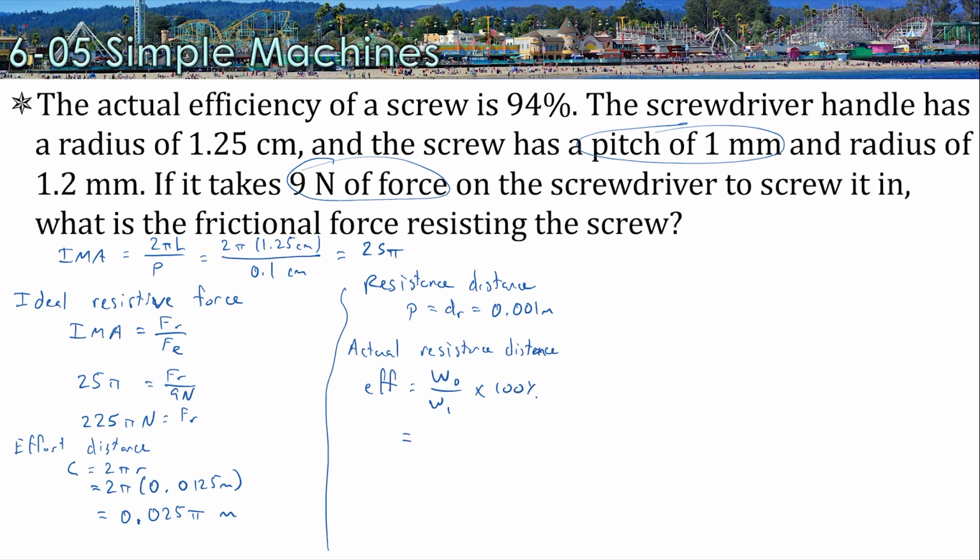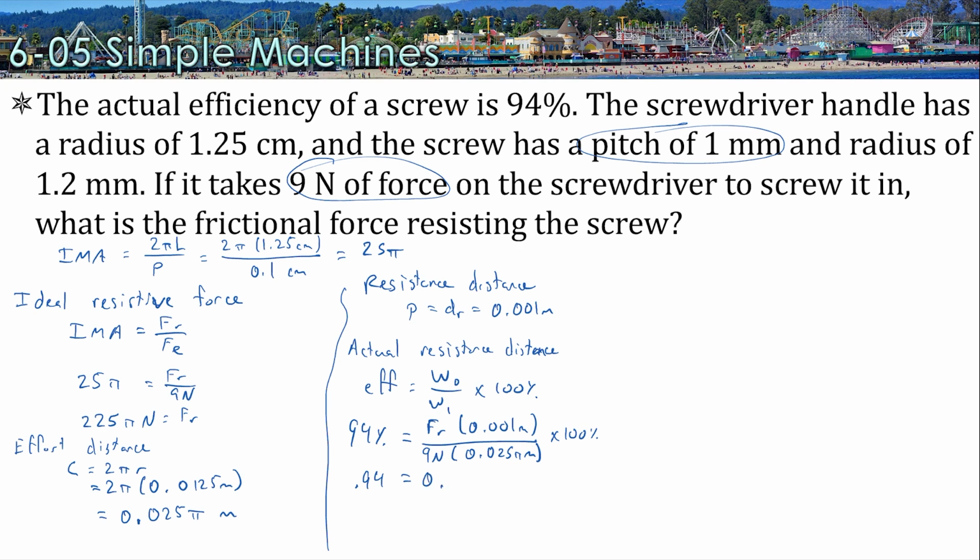So the work out, that is our resistance force times the resistance distance. The work in is the effort force times the effort distance. Divide by the 100%. Take the 0.001 divided by the 9 times the 25 pi.